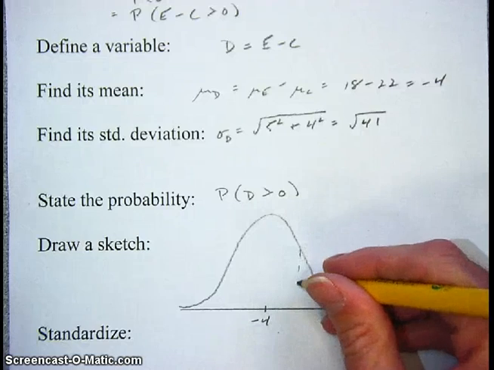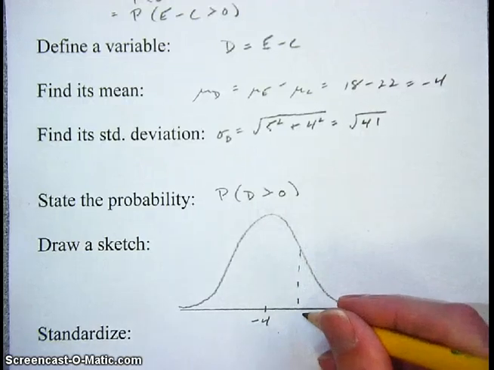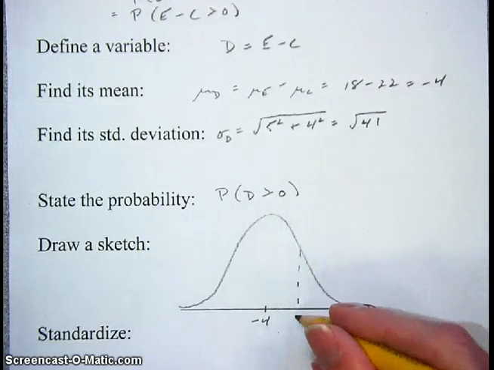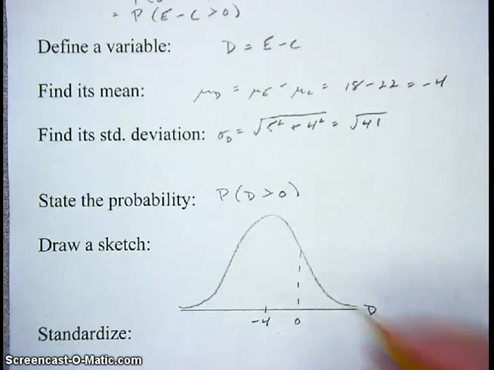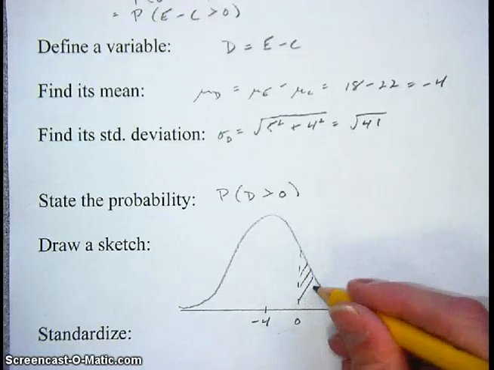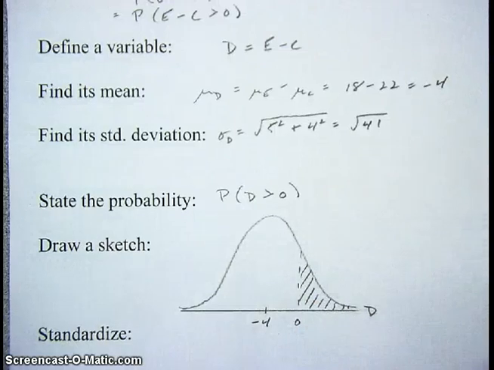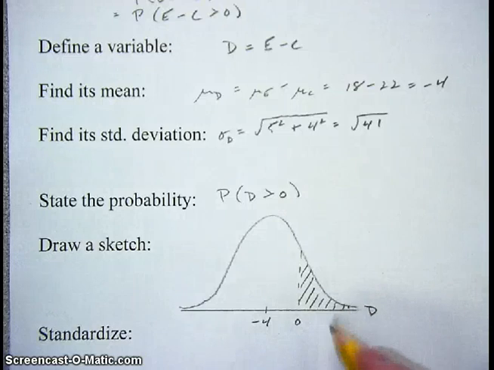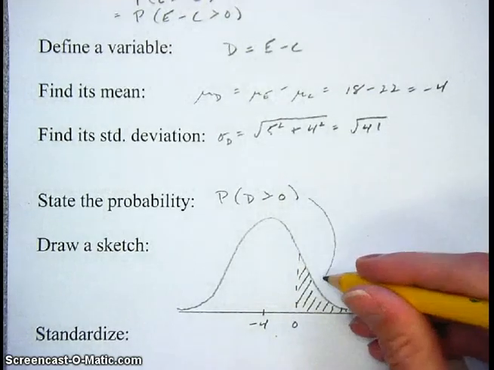So we'll go out here to the right. And that'll be 0, and then we'll mark this probability over here. So that's what we're looking for, is this area over here. That probability is basically right there on the picture.